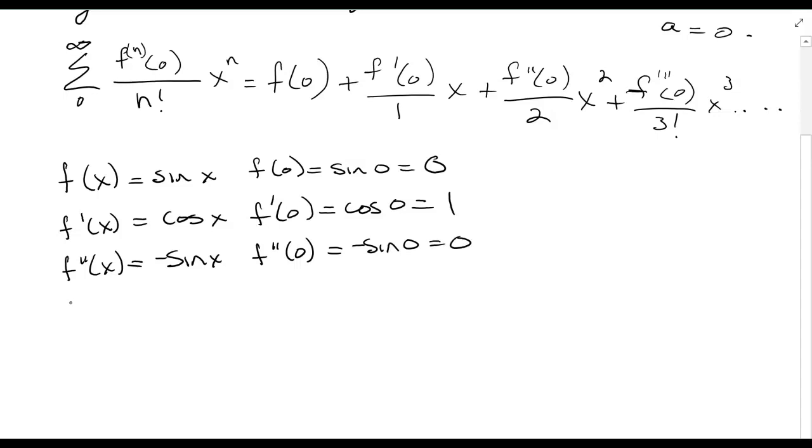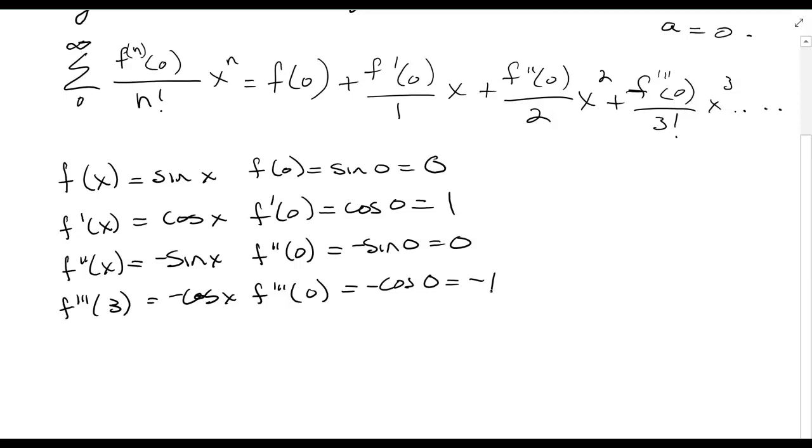That's still 0 at x equals 0. You'll start to see a pattern. The third derivative, the derivative of negative sine, is negative cosine. Negative cosine of 0 is negative 1.